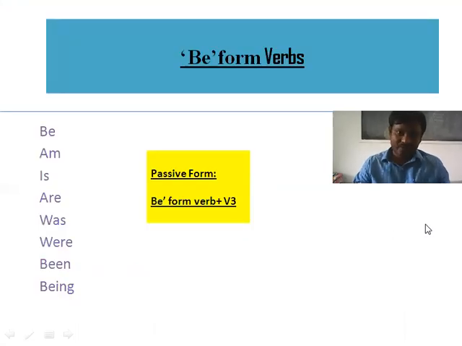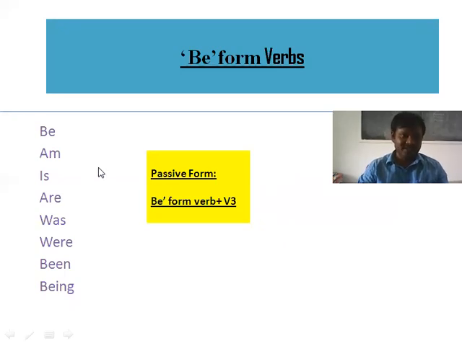Be forms. We have been talking about be form verbs. What all the be form verbs that we have in English? We have the following list of be form verbs. What are they? Be, am, is, are, was, were, been, being. These be form verbs will be selected by us based on the tense in which we are constructing a sentence.